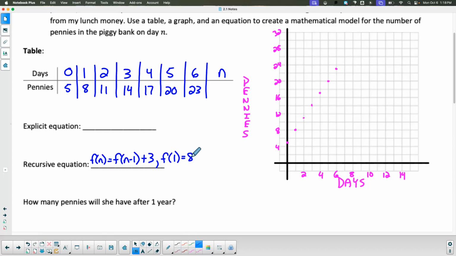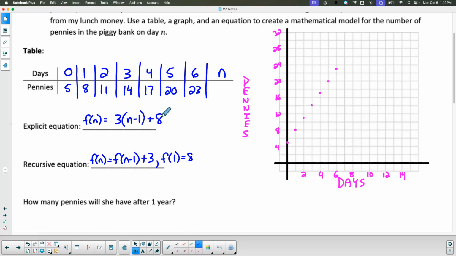We could have gone f of 0 is 5, f of 2 is 11. Any of those we could have put in. What would my explicit equation be? F of n equals 3 times the quantity n minus 1, plus 8. That's how we say that. Yep, I would agree with that.